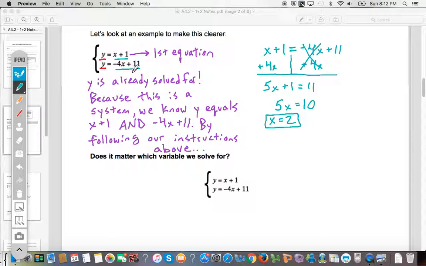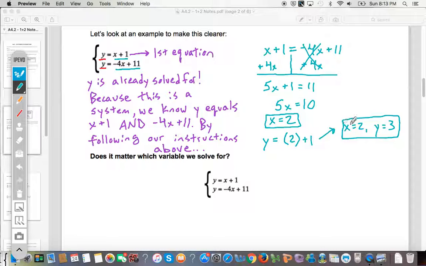I pick whichever one looks easiest, so I'll pick this first one up here. I'll write y equals, I have an x, so I'll put 2 plus 1. So we know that x equals 2 and y equals 2 plus 1, which is 3.